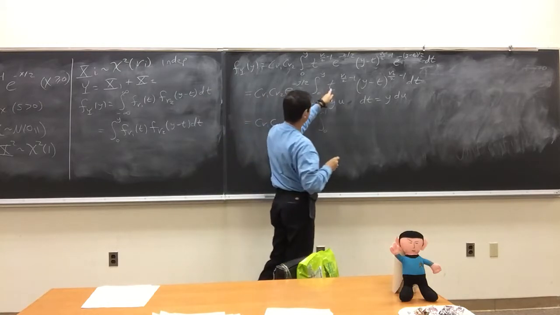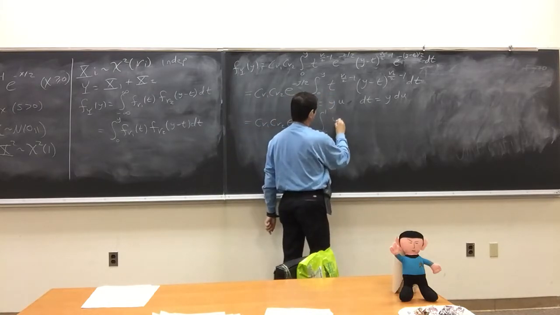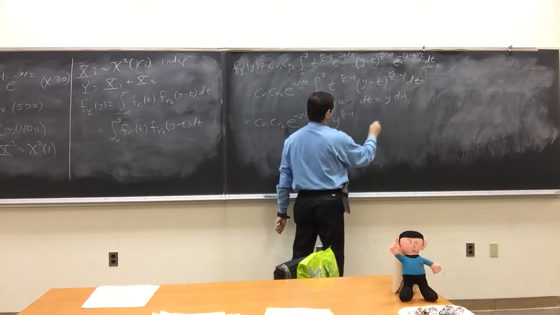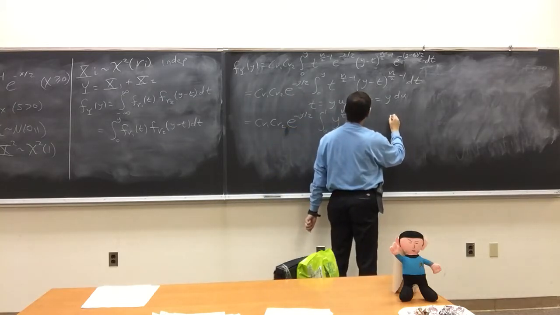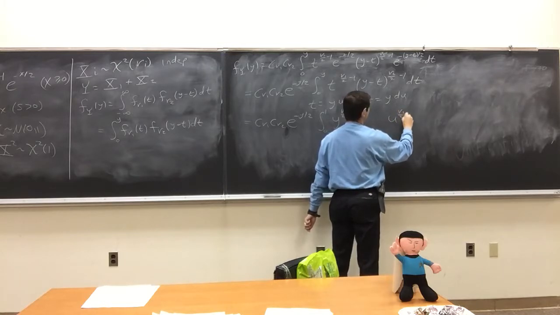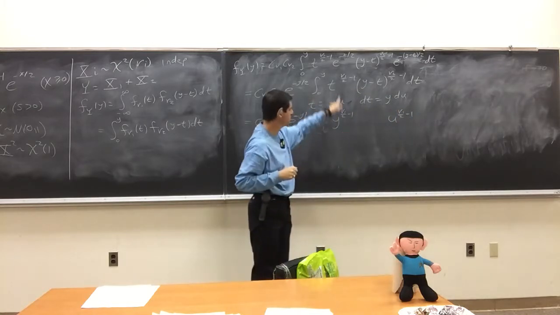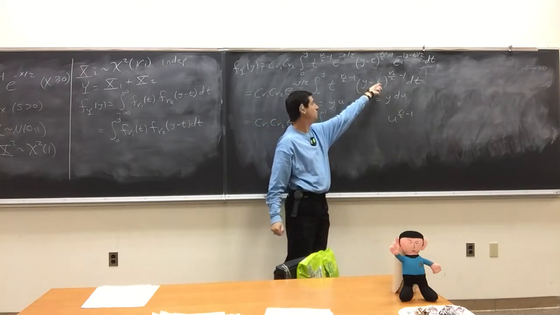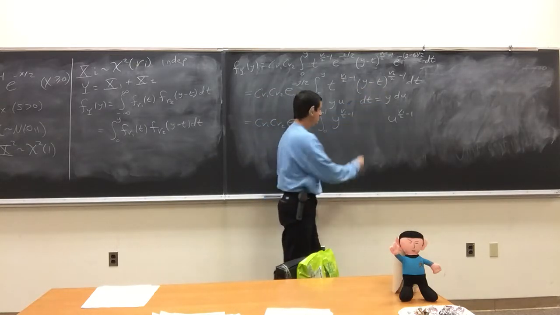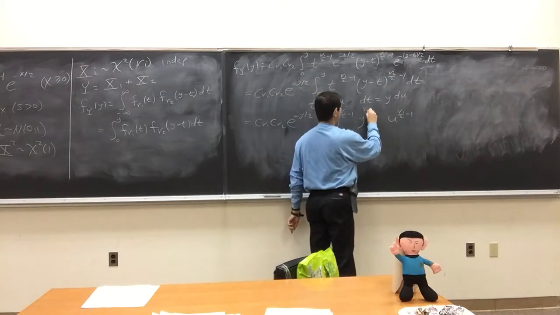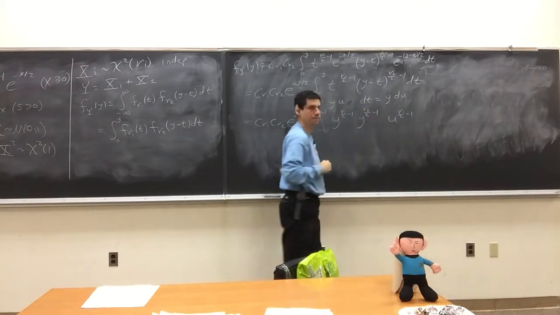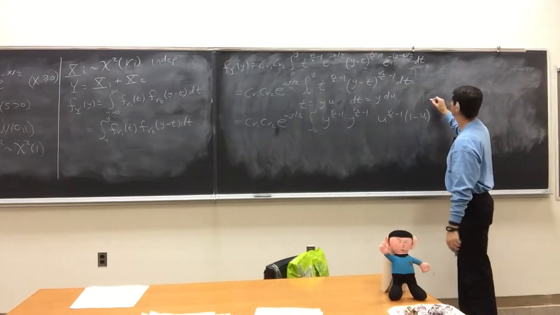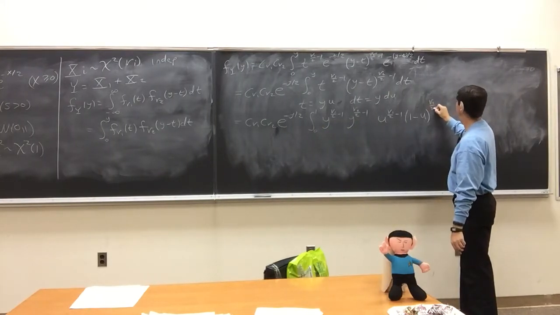Now over here, I'm going to get a y to the nu 1 over 2 minus 1. And I'm going to write the other term here, u to the nu 1 over 2 minus 1. I'm just going to split this up into two parts. This part over here, when I replace t with yu, I can now pull a y outside. I'll get y to the nu 2 over 2 minus 1. And then over here, I'll get 1 minus u to the nu 2 over 2 minus 1.